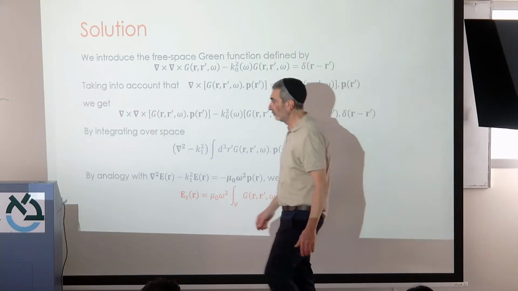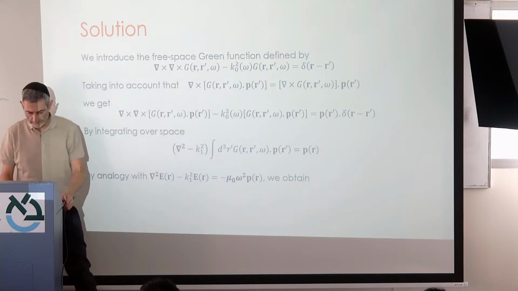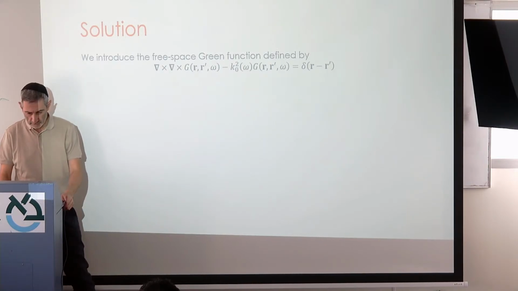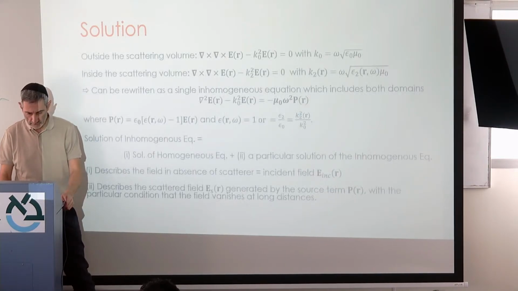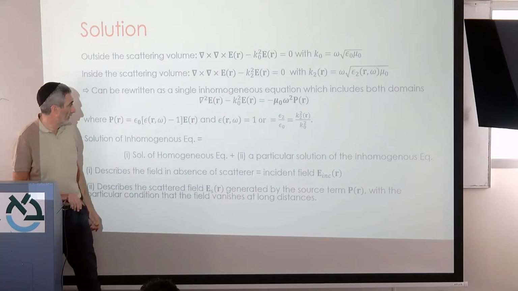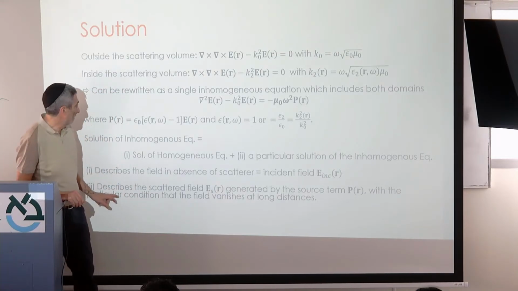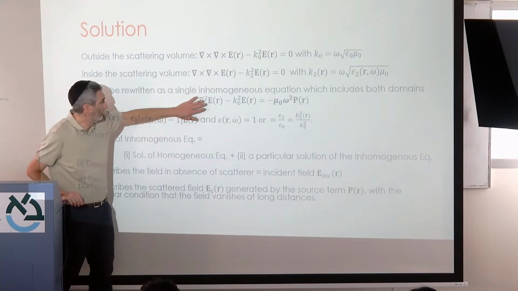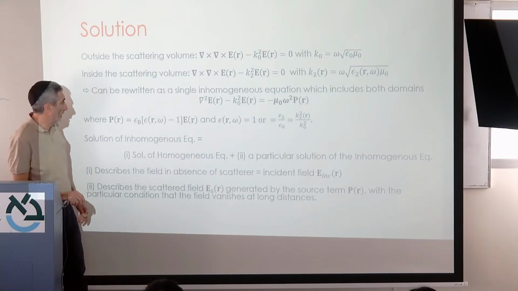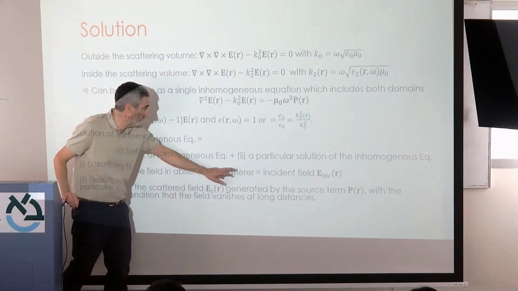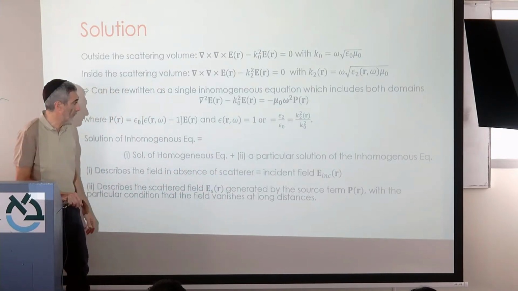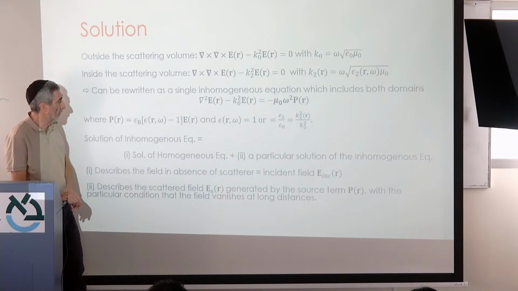So if I show you the previous slide, we said that this equation has a solution which is the sum of the incident field plus the scattered field, which is the particular solution of the equation.